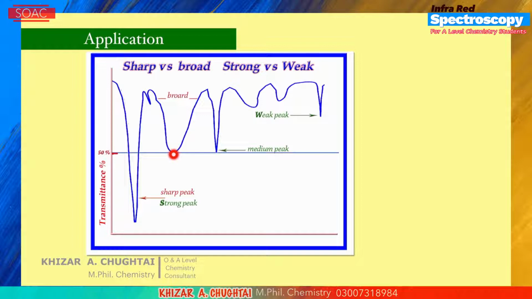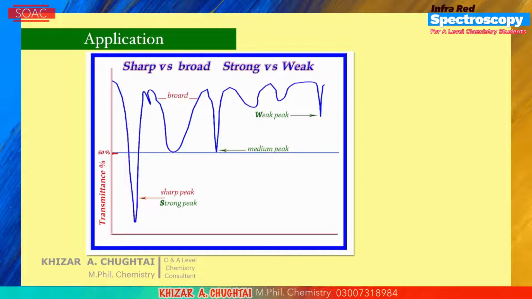If the peak touches the middle line, at almost 50%, it is said to be a medium peak or medium signal. Peak and signal are one and the same thing. And if the peaks are very high in this spectrum, they are said to be weak peaks or weak signals. So a strong signal goes deeper towards the x-axis, and a weak signal is at a higher level.